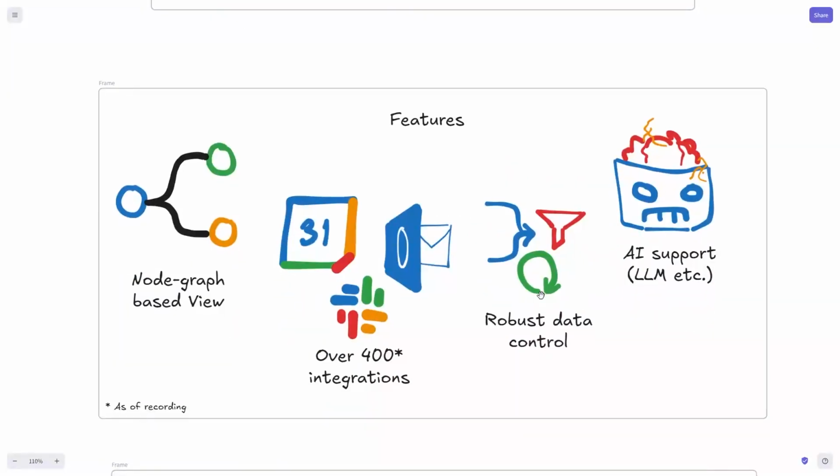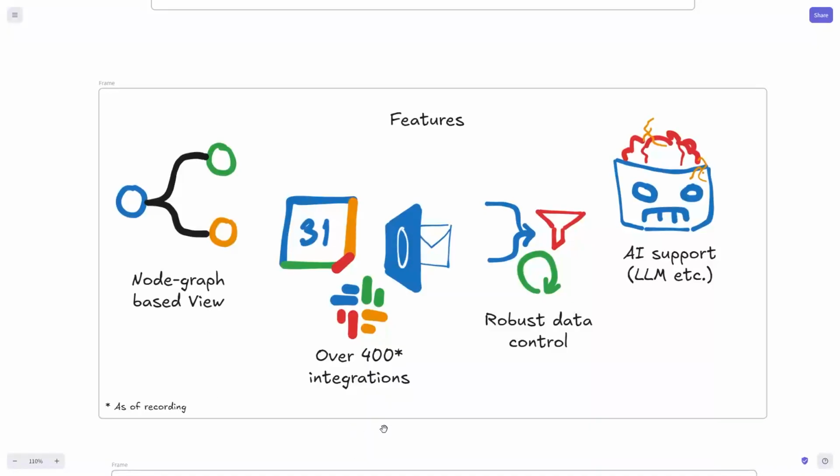And next up, we got the features of it. First of all, it's a node graph based workflow. Pretty much most applications use this kind of workflow, which is good, and a node graph helps us visualize where the data is going to be. If you're familiar with automation systems like Node-RED or Zapier or Make, it's pretty much the same.